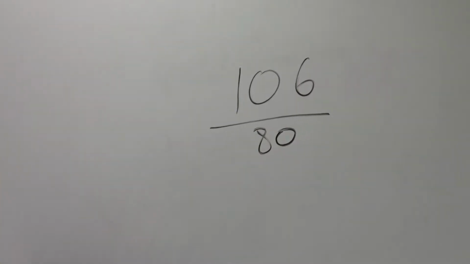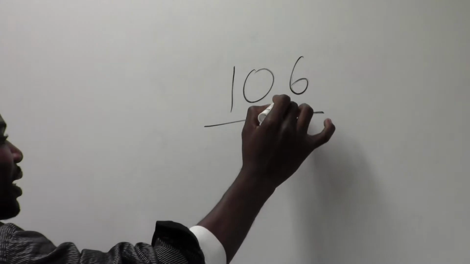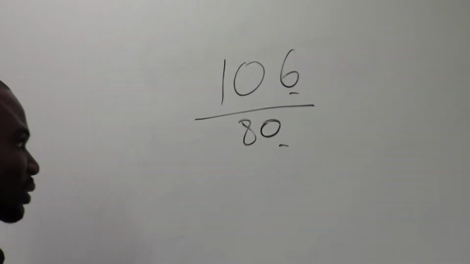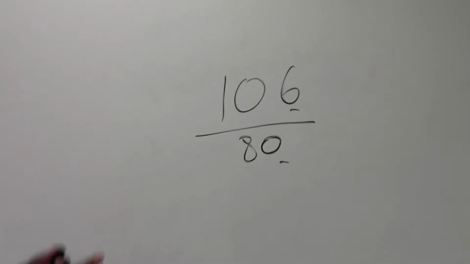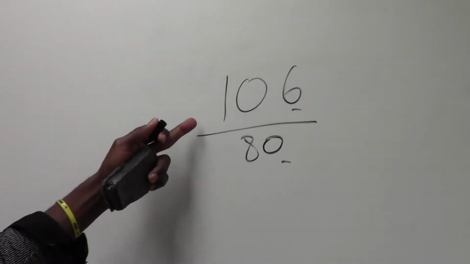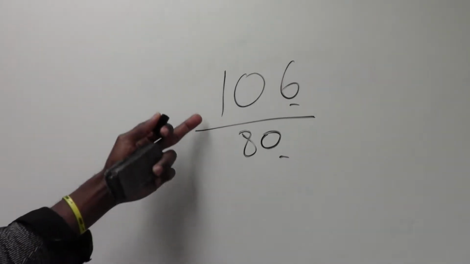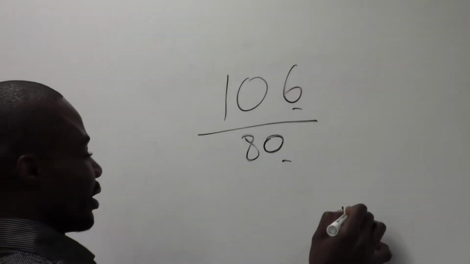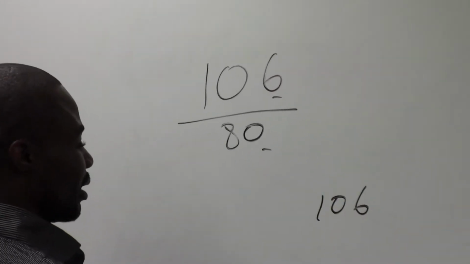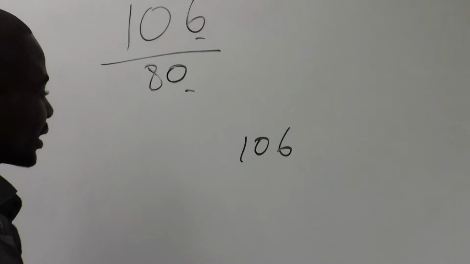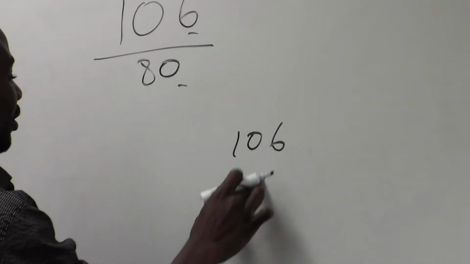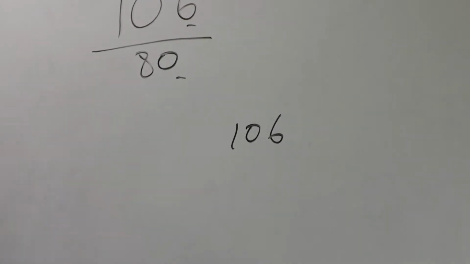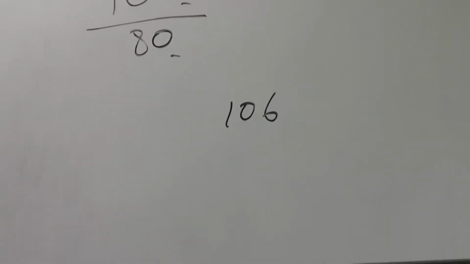In this case, both numbers are even. We can still do the same thing, but this one will take a lot of steps because we have big numbers. If you start breaking up 106 by dividing it by 2 and going all the way down, it's a long process.